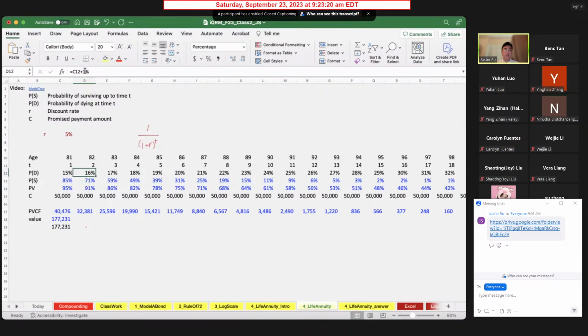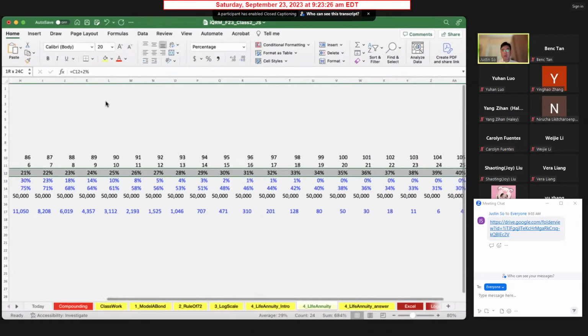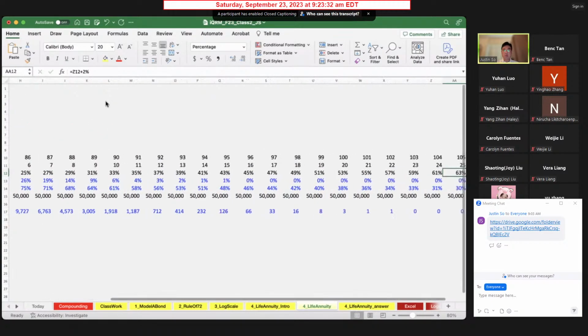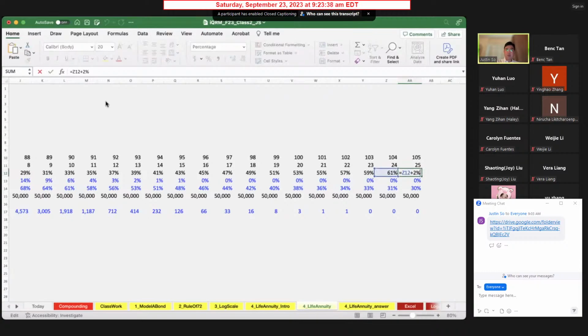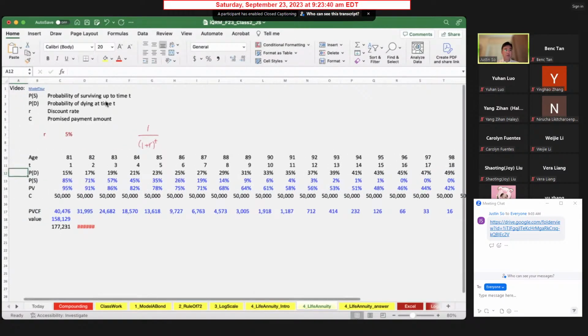You can just change it here, I think 2%, and then drag it all the way to the right. This way, right? We change it to all. It goes all the way to 63% of dying each year, right? It increased from 15 by 2% every year.